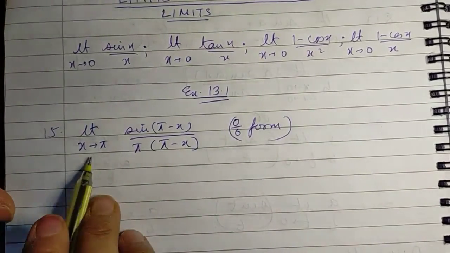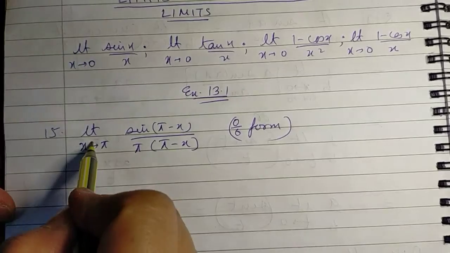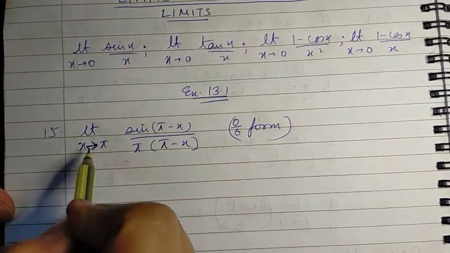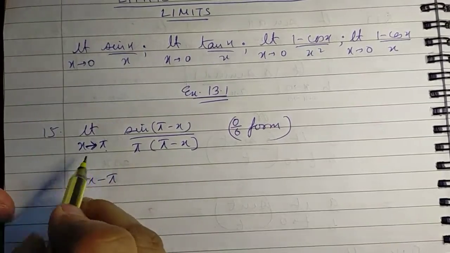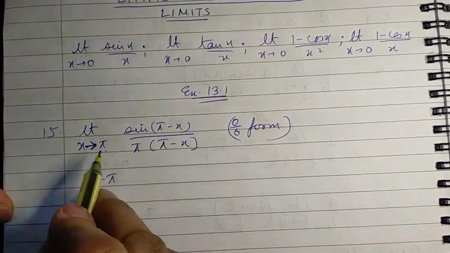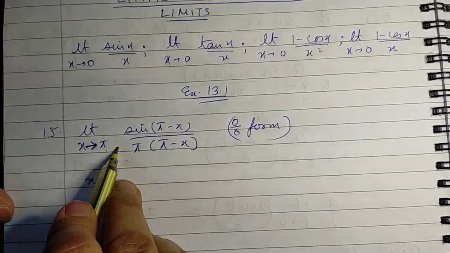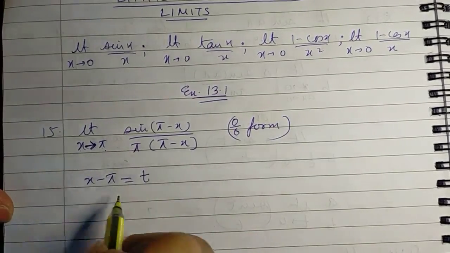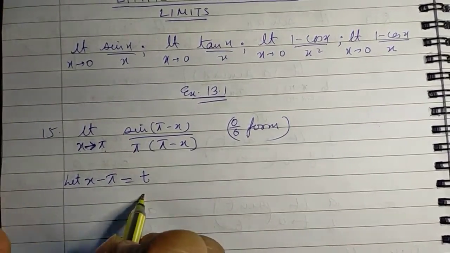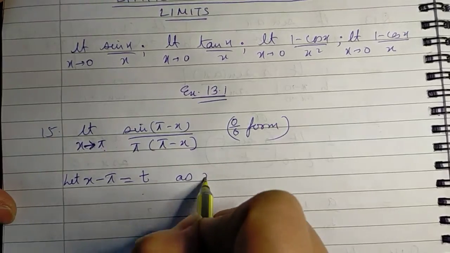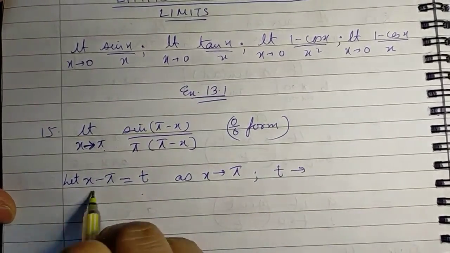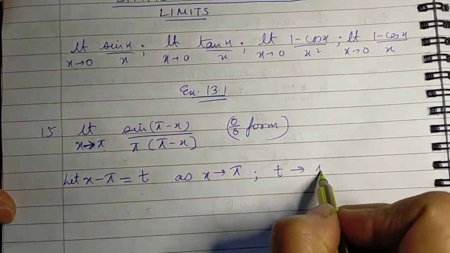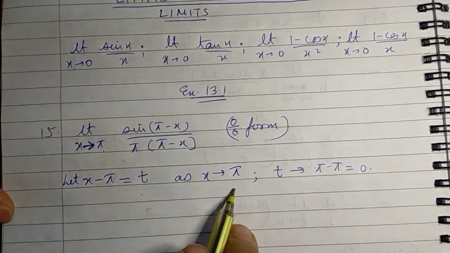Now whatever x approaches, like x is approaching pi, if you take this pi to this side, what do you get? x minus pi approaches 0. So let us put this as t, so that as x tends to pi, t tends to pi minus pi, that is 0.